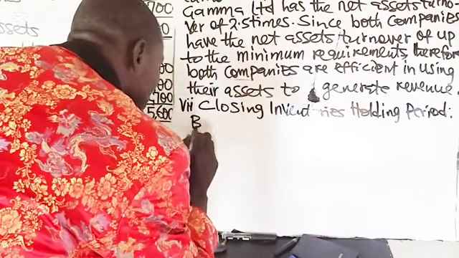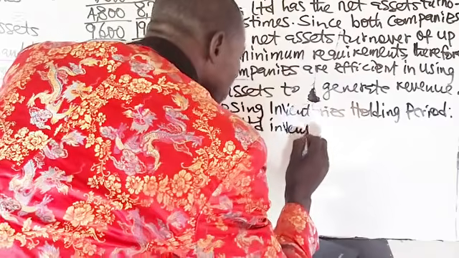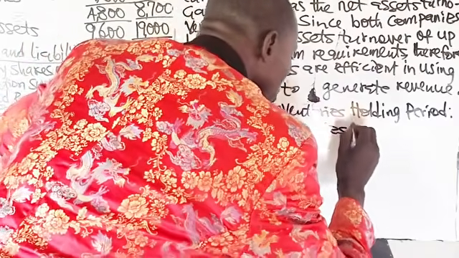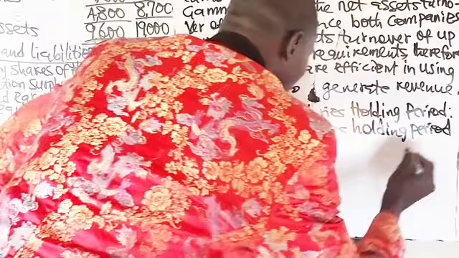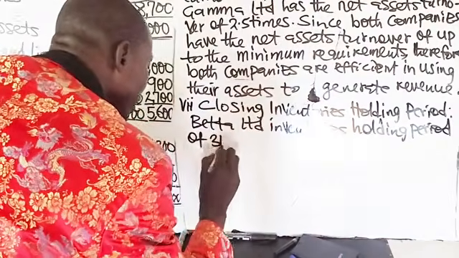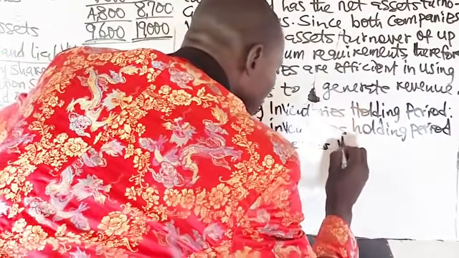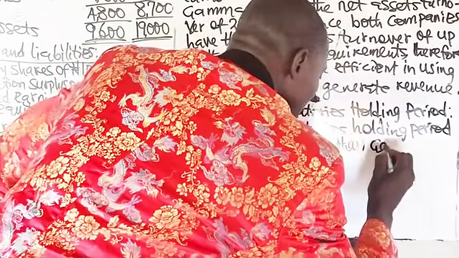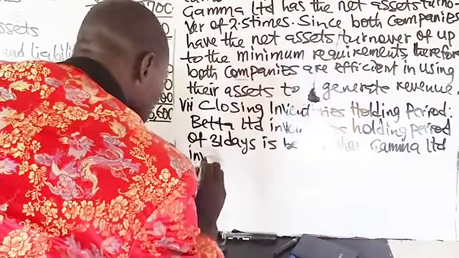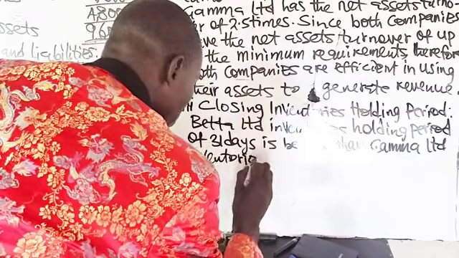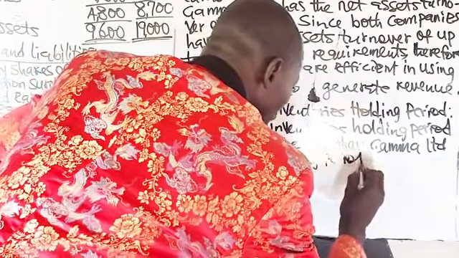Beta Limited's inventory holding period of 31 days is better than Gamma Limited's inventory holding period of 38 days.